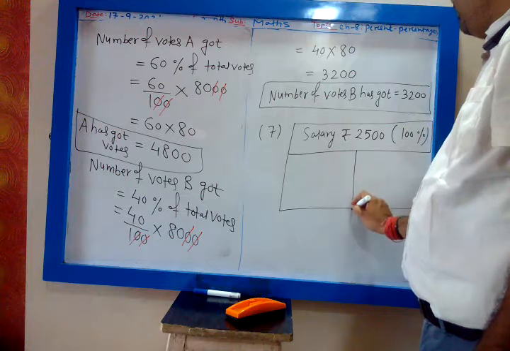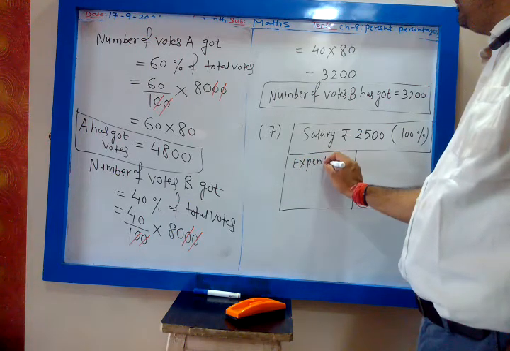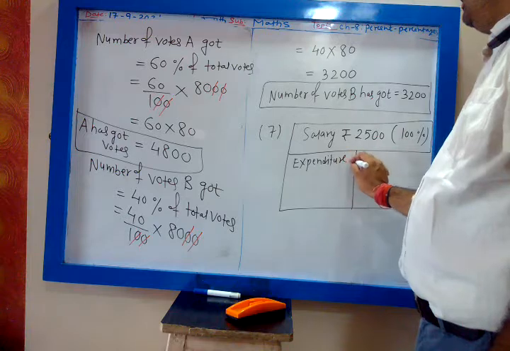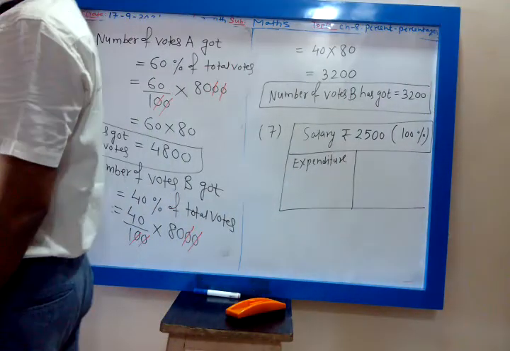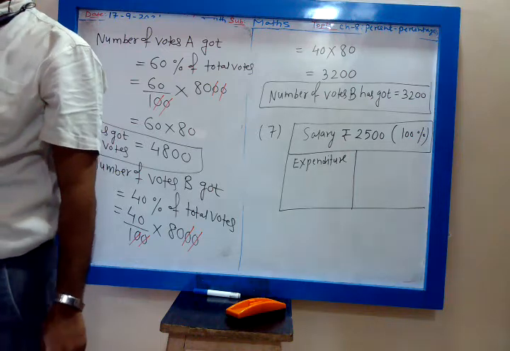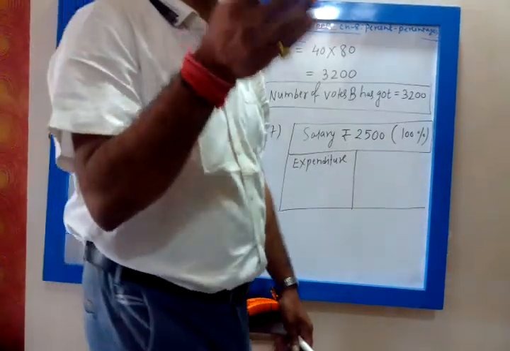One is expenditure, meaning we spend the salary. For example, your parents are working, they must be getting some salary. From that salary they spend on your education, on food items, they pay school fees, those come in the expenditure. The things which we spend come in the expenditure. After expenditure, whatever is left, that is called savings.